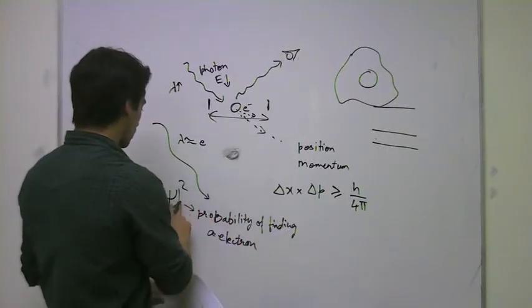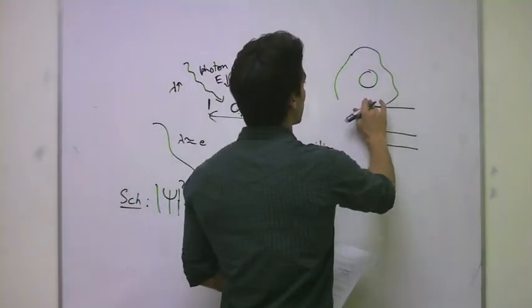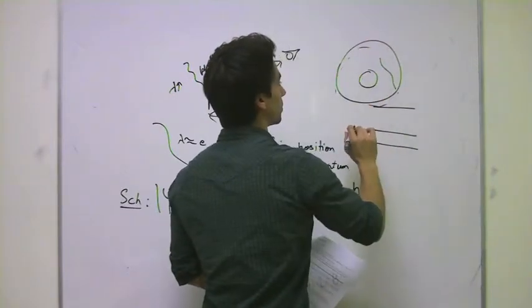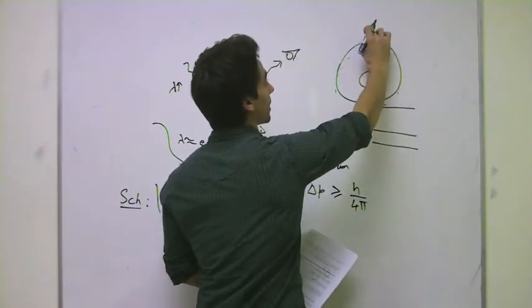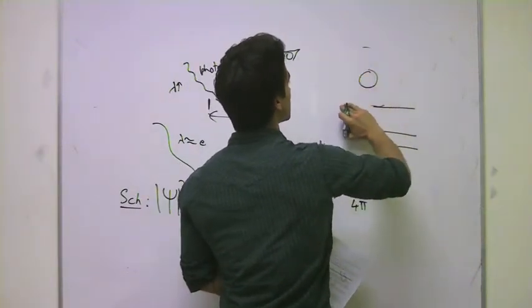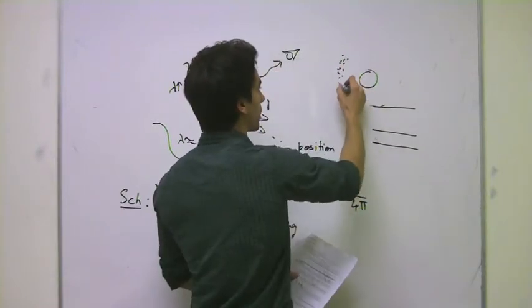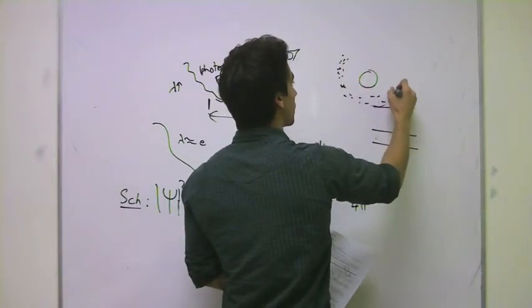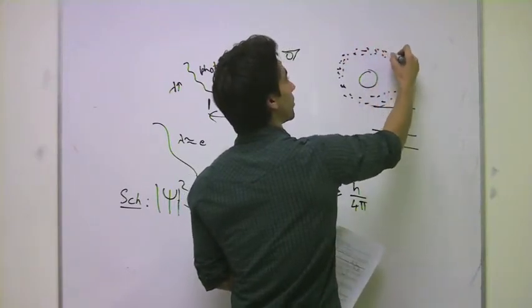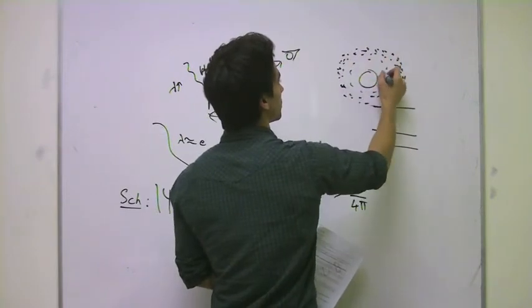So that means that we cannot describe electrons as existing in a particular and definitive shape like this. According to Schrödinger's model, the electron might exist, for example for n equals 1, anywhere over here, with the probability of existence being higher in a certain region and lower in another region.